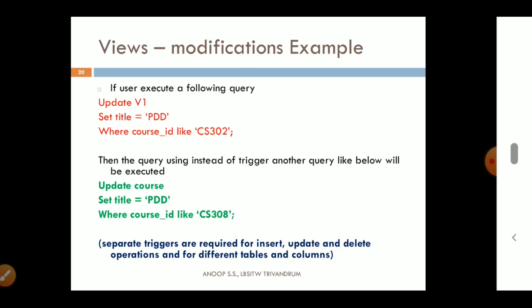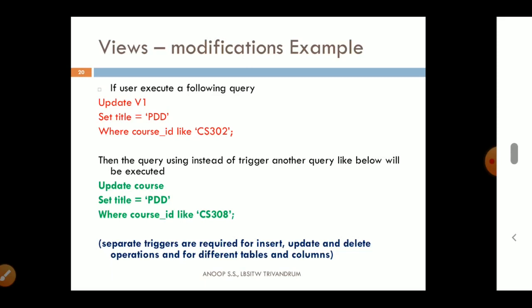So the instead of trigger corresponding to this query will be there in the database, and it will get executed. Instead of v1, it is converted to course. Everything else remains the same. This is what is actually written in the trigger. So the v1 is changed to course and the query is executed.